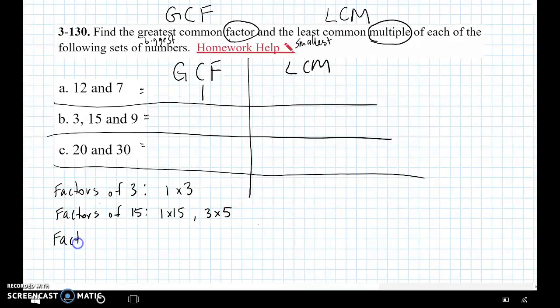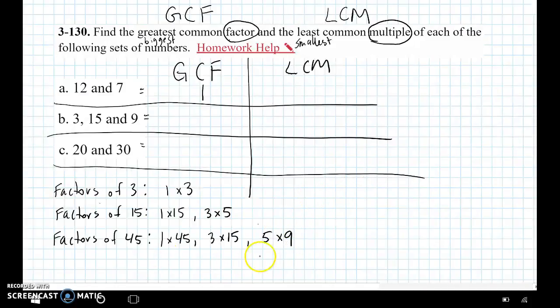Now let's do the factors of 45. Although I have a feeling I already know what the largest one is. If 3 is the greatest factor of these two, that's going to be the largest possible answer here. But 1 times 45 makes 45. 3 times 15 makes 45. No 6s. 5 times 9.